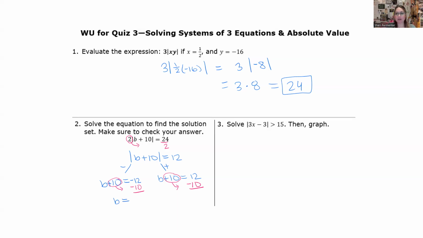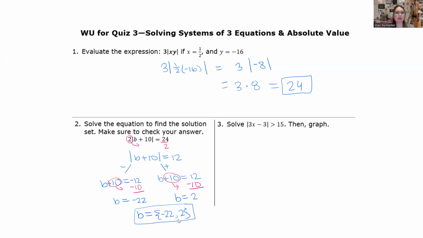I'm getting more negative. Negative 22. And on my positive branch, what's 12 minus 10? 2. So I get this solution set where b is equal to curly brackets with negative 22 or 2, which would both make the equation true.